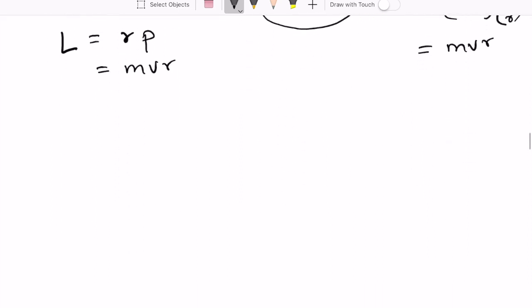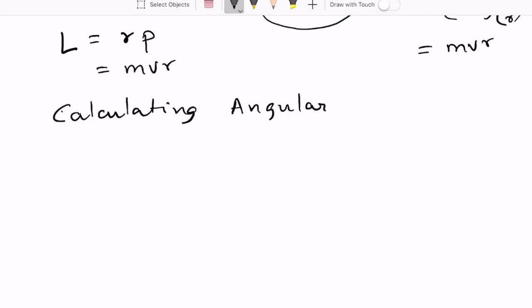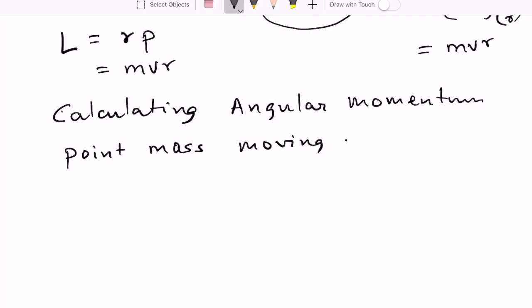So just to summarize, calculating angular momentum for the examples that you're going to see. If you have a point mass moving in a straight line, then you want to do L is equal to r perpendicular times p, or rp sine theta.